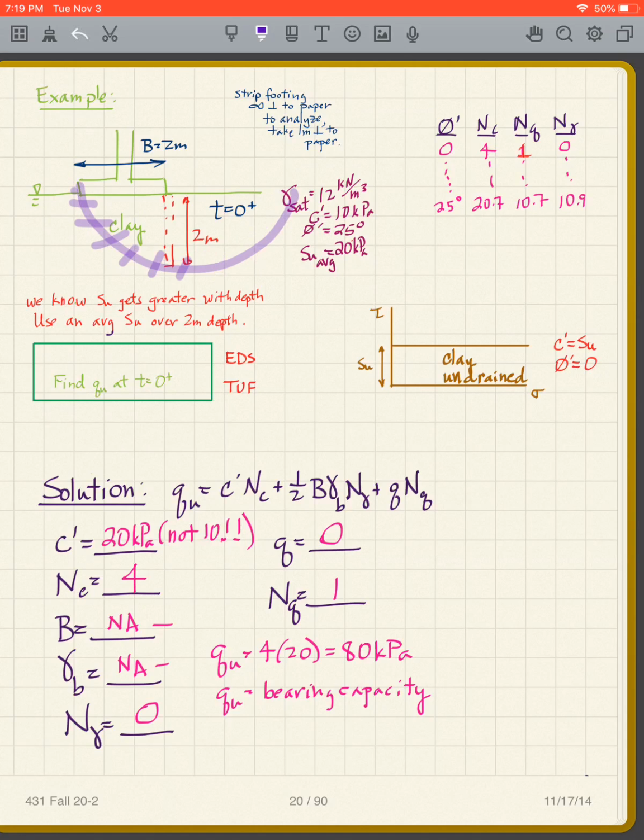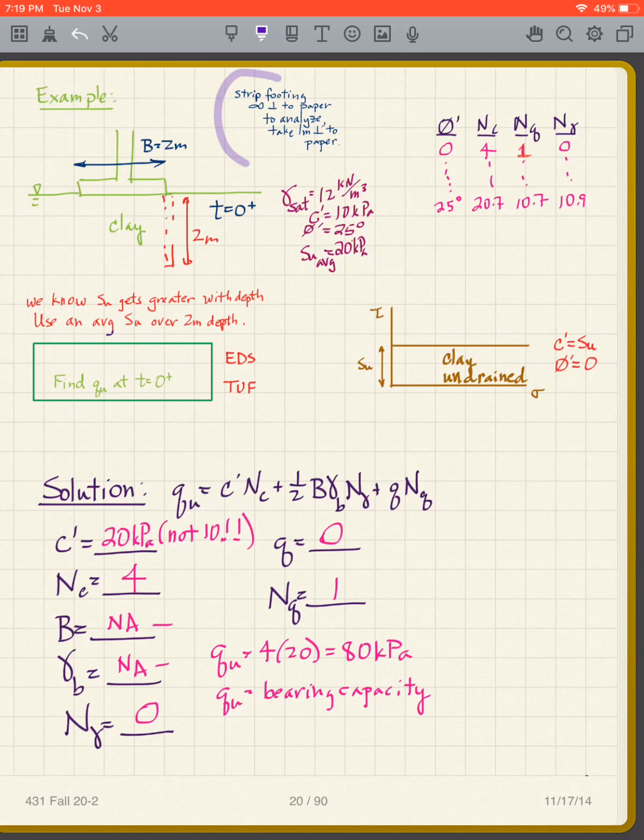And so we're going to take an average SU. You'll see this is typically the way these problems are set up. It's a problem, but that's the way they're set up, and this is the way we do them, and we'll just recognize that there's an issue here.